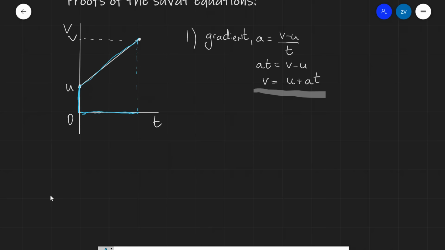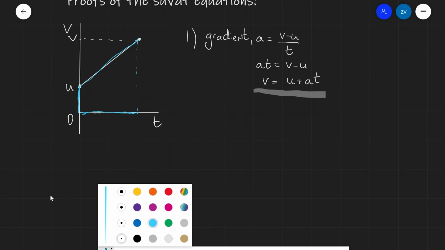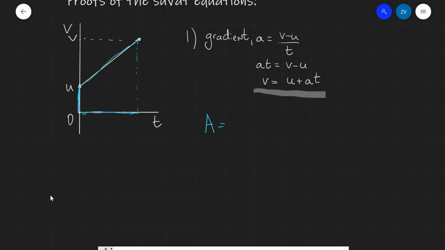The area of a trapezium is given by a plus b, where a is one of the sides and b is the other side, multiplied by the height of the trapezium. You can imagine this is a trapezium on its side, times h divided by 2. Well, hang on a minute. This is a velocity time graph.